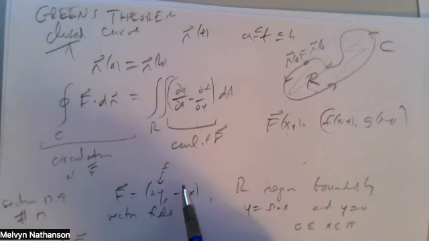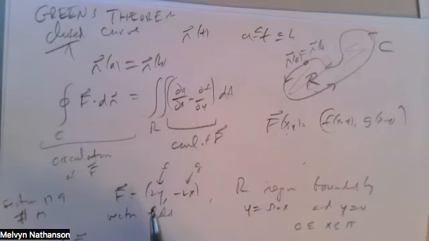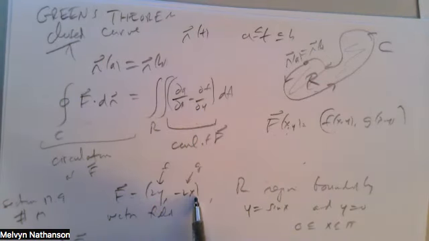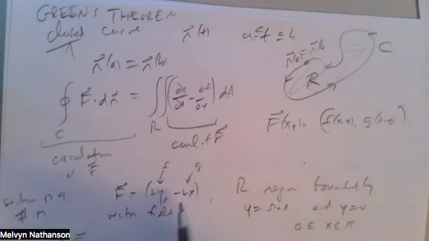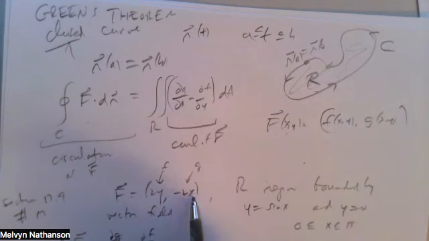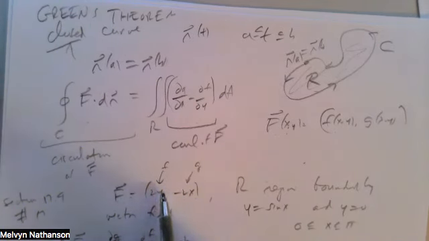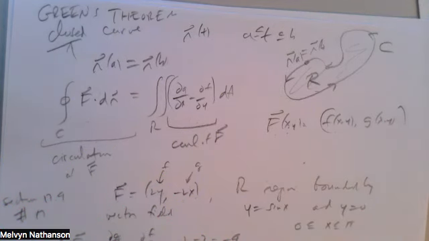So this is my function f, and this is my function g. These are the coordinate functions of my vector field. So the partial of g with respect to x minus the partial of f with respect to y: partial of minus 2x with respect to x is minus 2. Partial of f with respect to y is plus 2, so it's minus 2 minus 2. That's just minus 4. Sorry, the curl of F is constant.